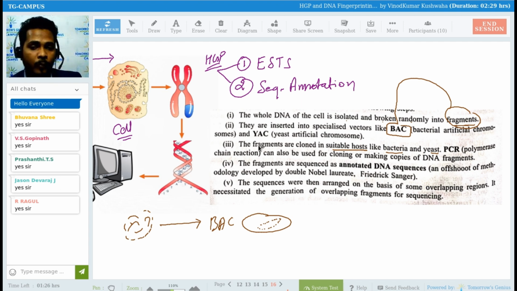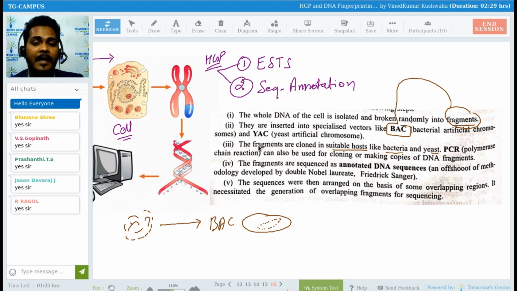So PCR is also one more kind of artificial method of cloning, or we can say it is making a number of copies with the help of PCR, or with the help of bacteria or yeast. So it can also be used for making clones, or making copies of DNA fragments.